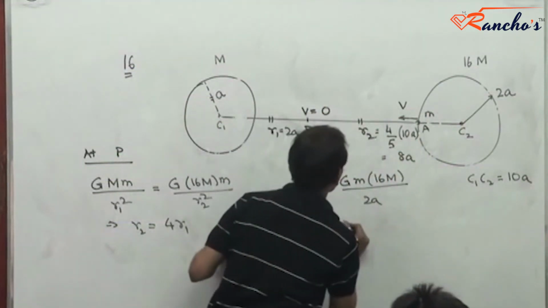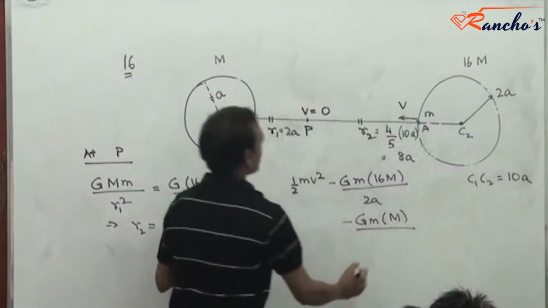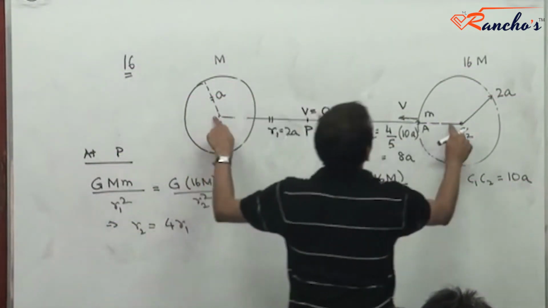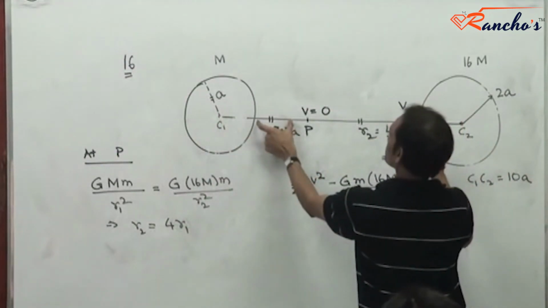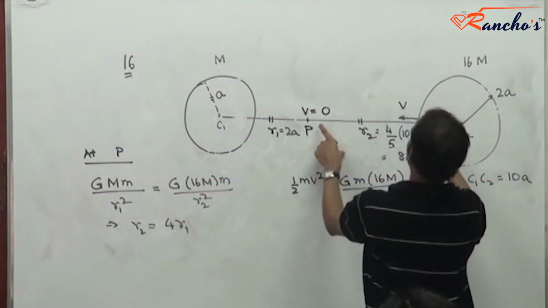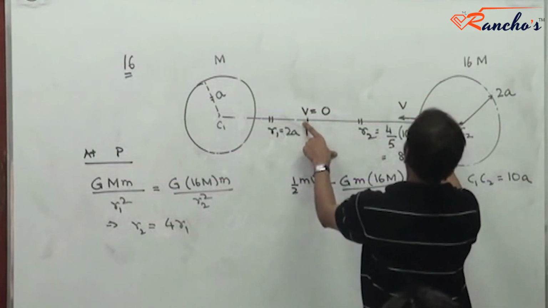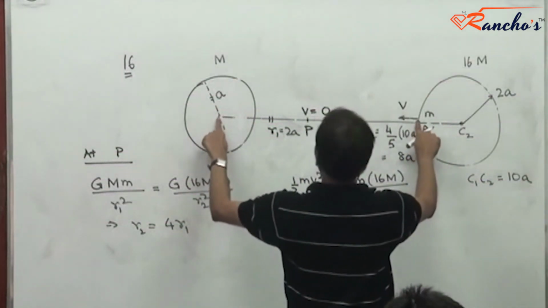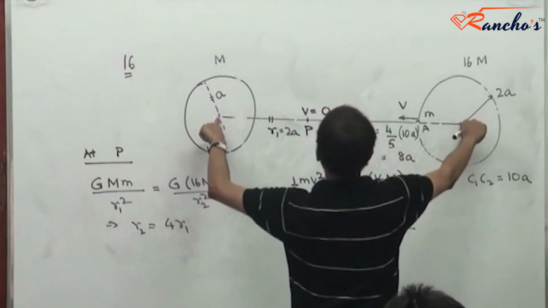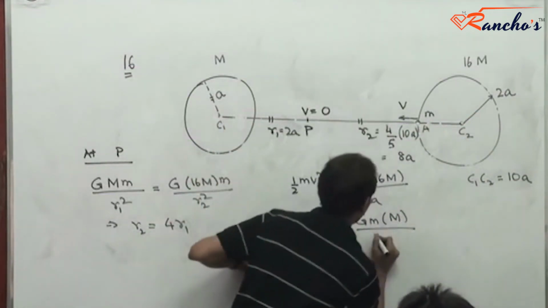So it's going to be minus G times small m into capital M divided by, realize that this distance is 10a minus 2a, 8a.